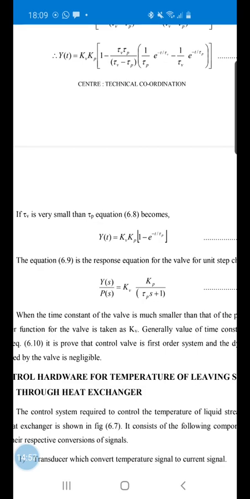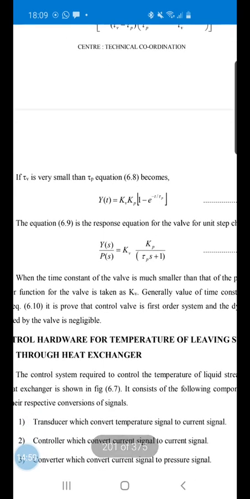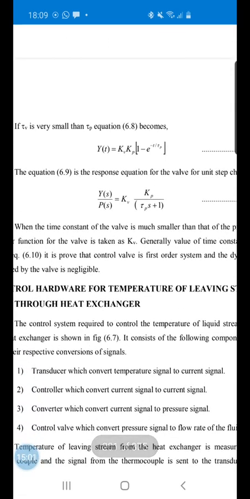Now if you write this equation in terms of the Laplace transform, in terms of the transfer function, then it becomes y of s by p of s equal to kv kp upon tau p s plus 1.